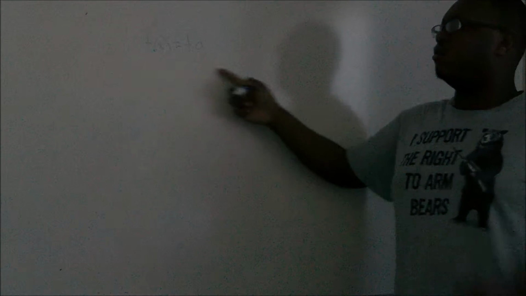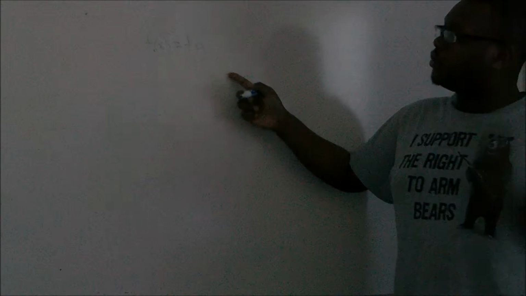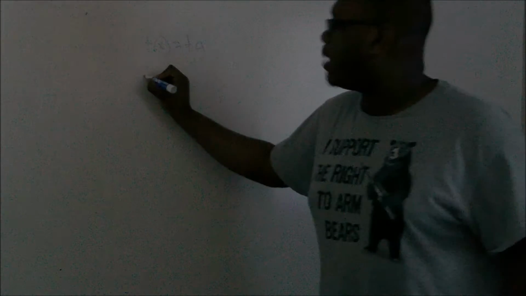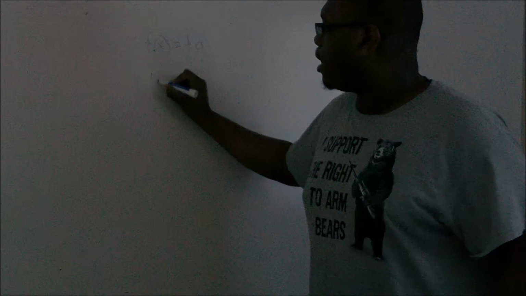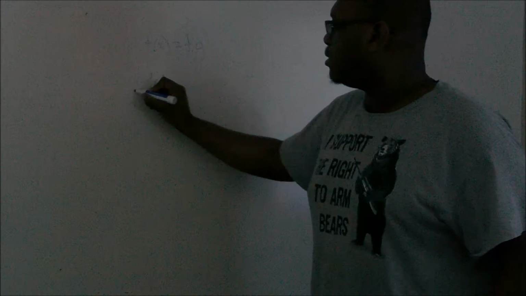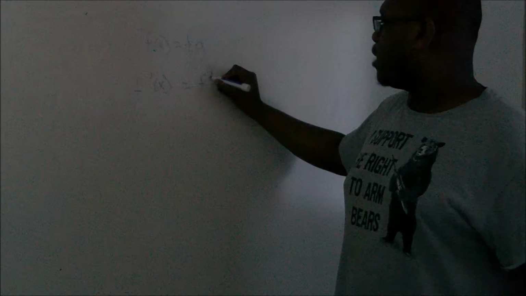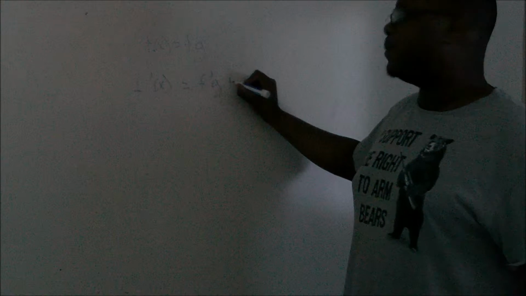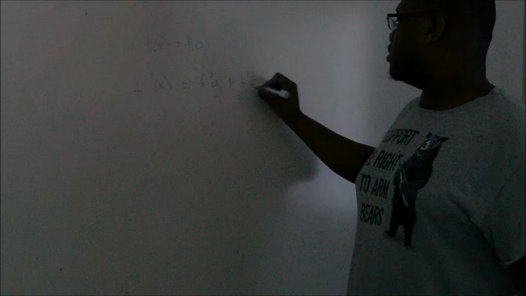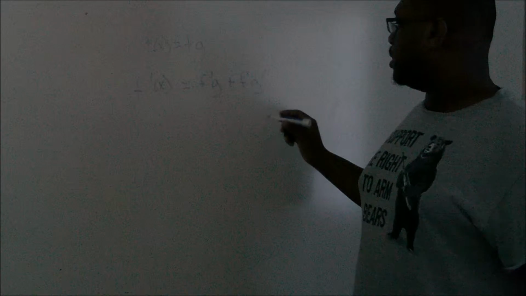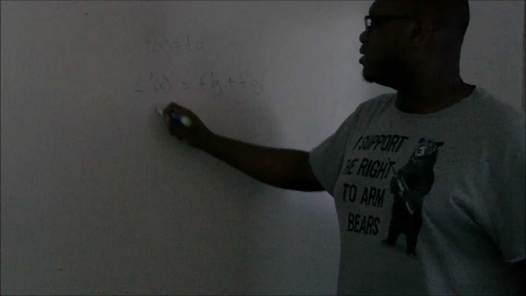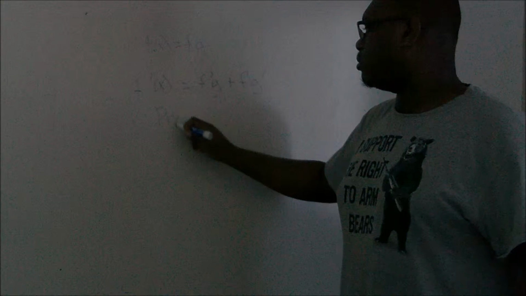Whenever you have something in this form, the derivative of this function, f prime of x, is going to be equal to f prime g plus f g prime. This right here is noted as the product rule.